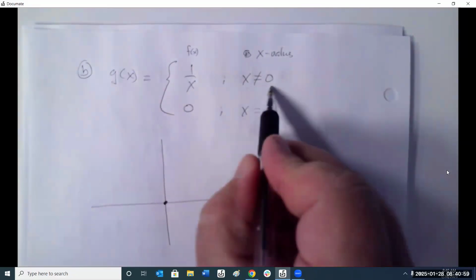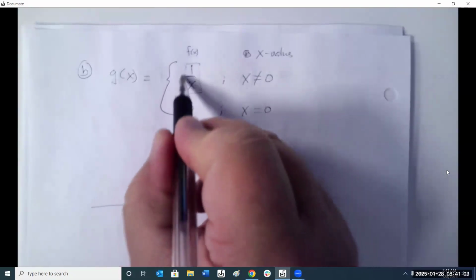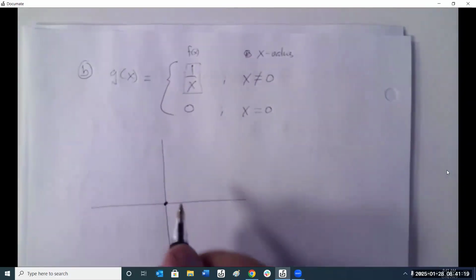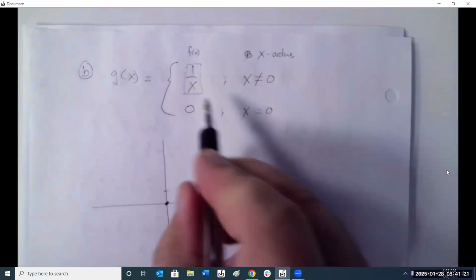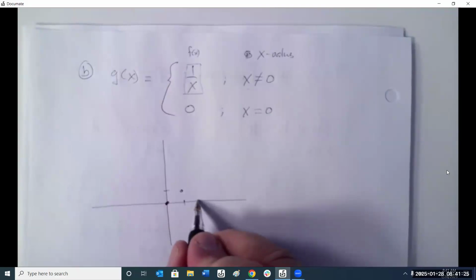When x does not equal 0, we have to use this function. Think back to the library of functions. What does that graph look like? When x is 1, we get 1. When x is 2, what do we get?